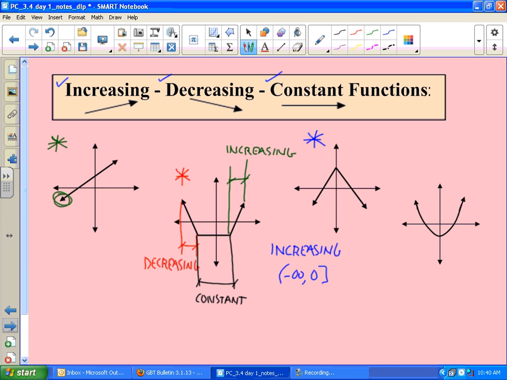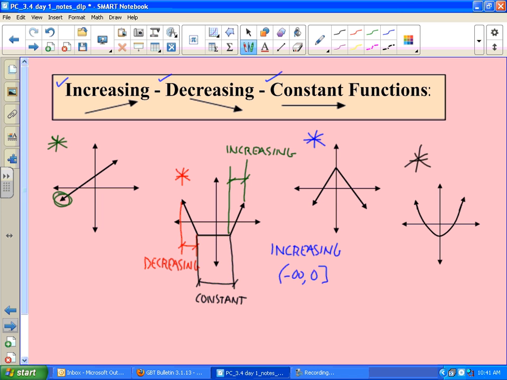Okay, what about that one? Oh, look at this one. What's going on here? What's that thing? Parabola. What do you say there, Jordan? What's the parabola doing? Any place where it's walking down the hill?